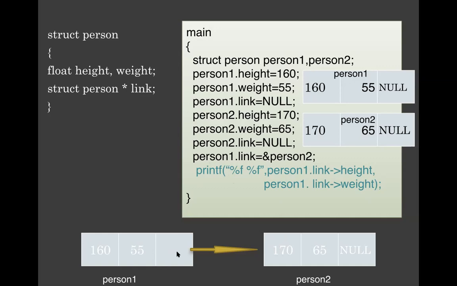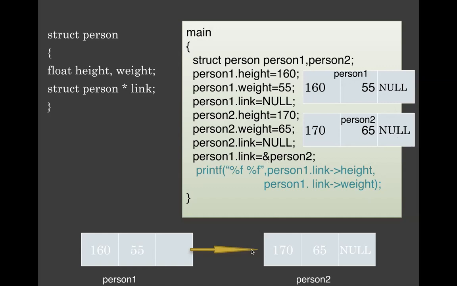Till the previous statement, we had created two person structures and the link was null for both. Now I'm assigning the address of person 2 to person 1's link, so person 1's link is pointing to person 2.